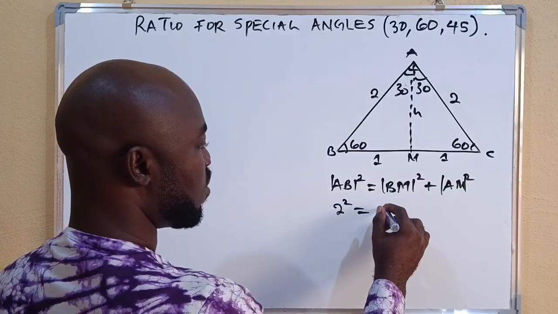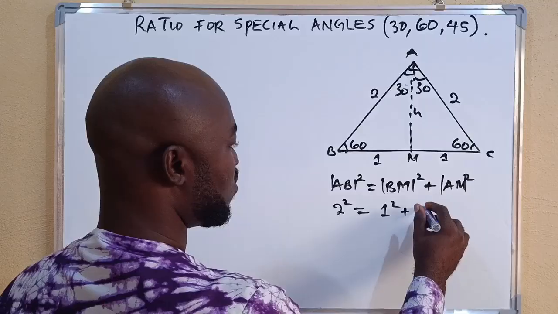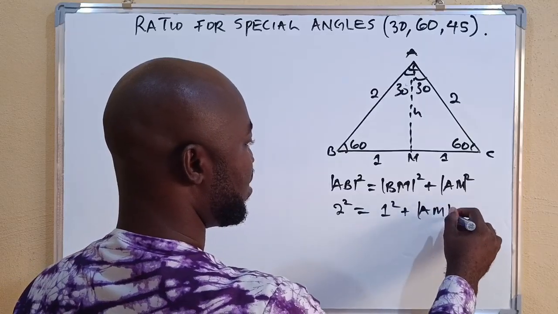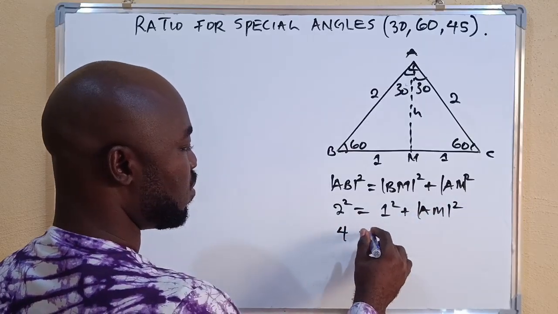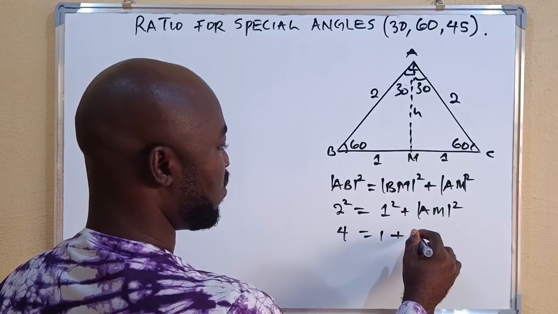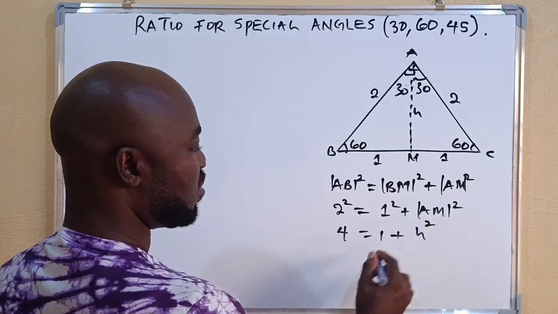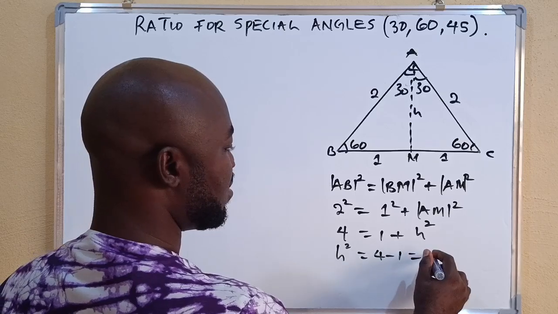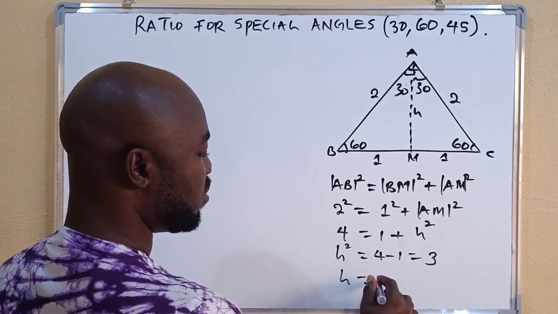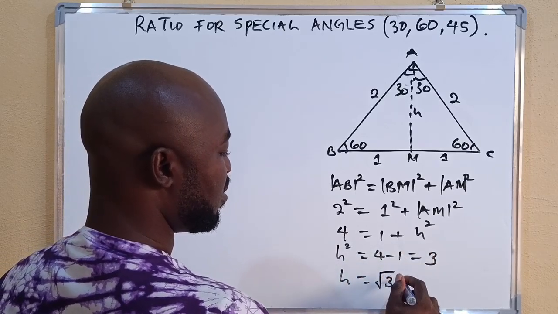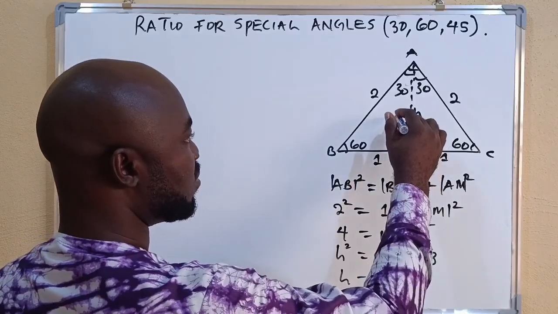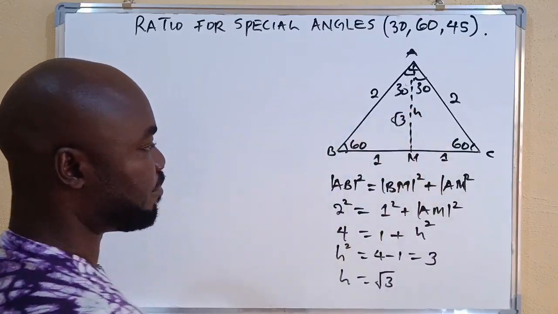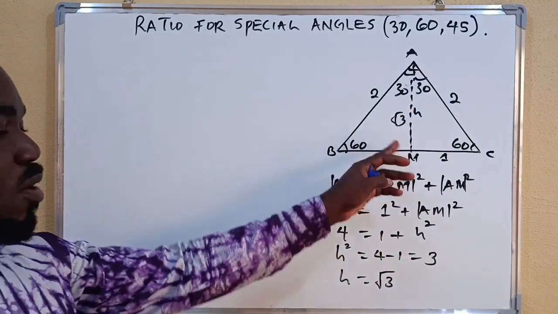My BM square is 1 square plus AM square, which is my H square. So I will have 4 equals 1 plus H square. So my H square will be 4 minus 1, which is 3. So my H will be root of 3. So this height now is going to be root 3. So that's how we get root 3.